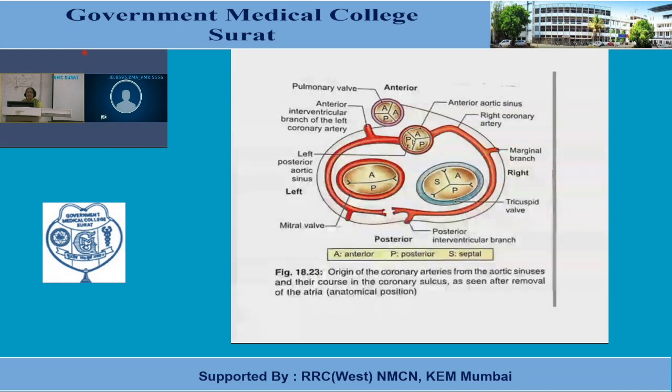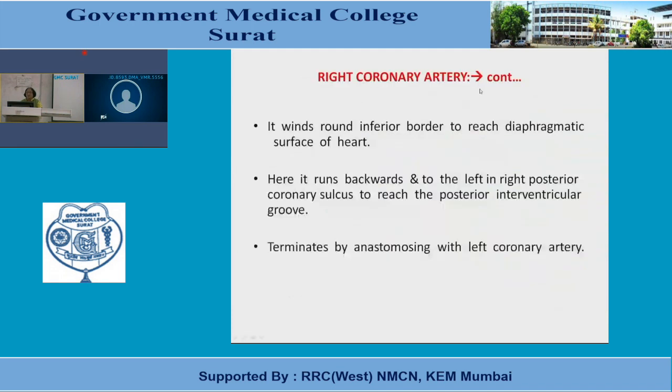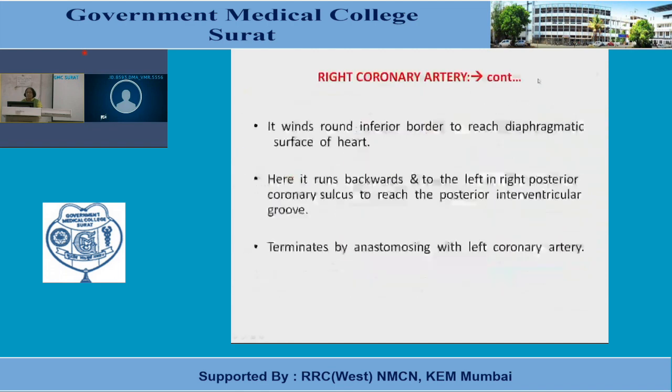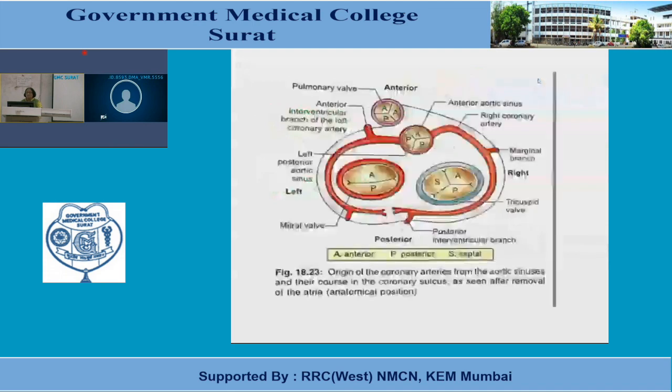As per the lecture, the right coronary artery arises from the anterior aortic sinus, as we have seen in the description. So the anterior aortic sinus gives rise to the right coronary artery.